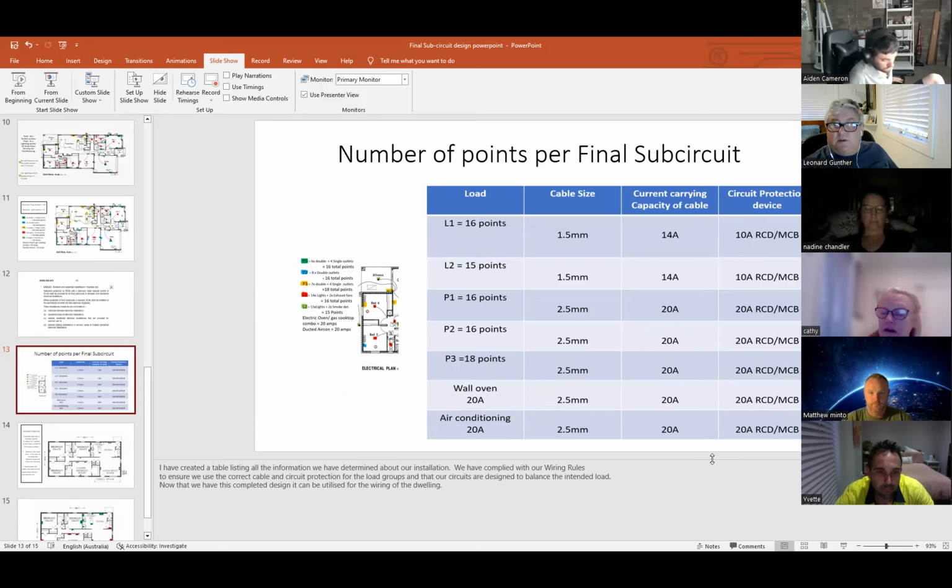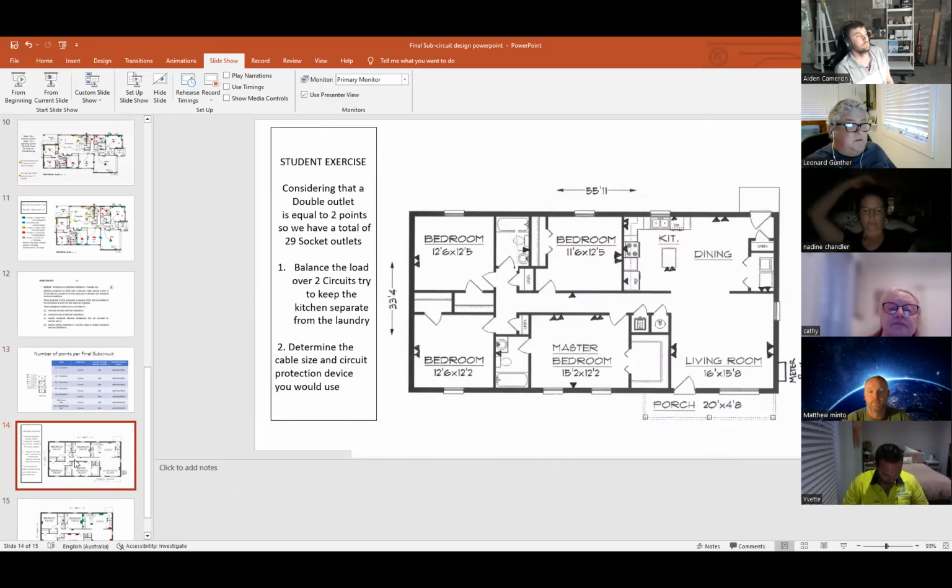Everybody else good? Okay. So here we go. Did anybody happen to print this up to be able to do this? Scotty has. Maddie has. Huey's got it too.